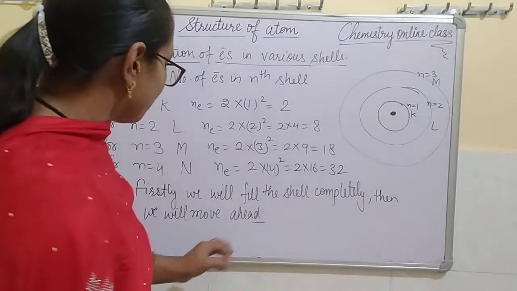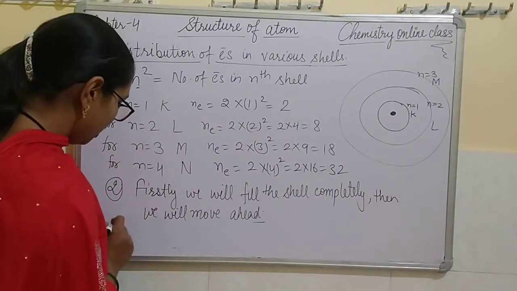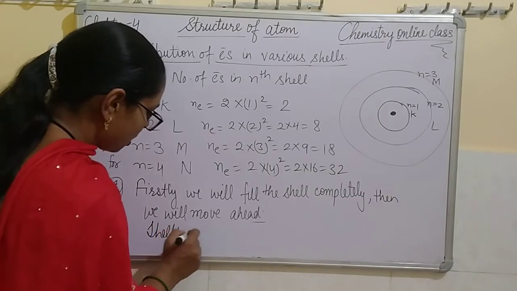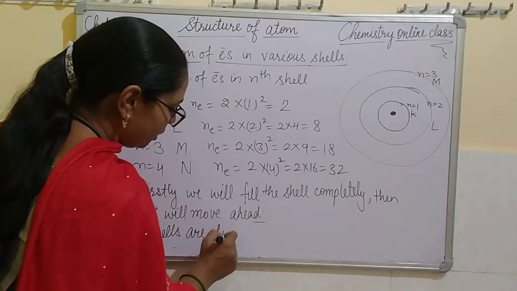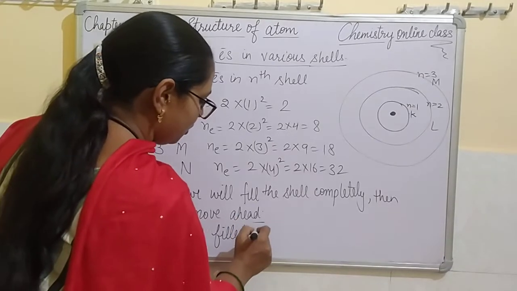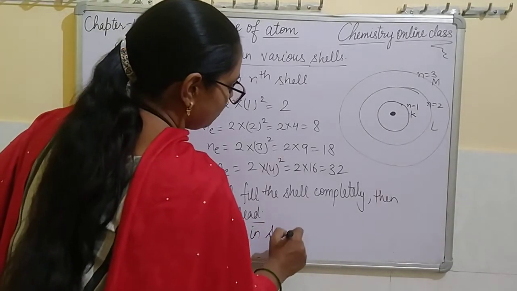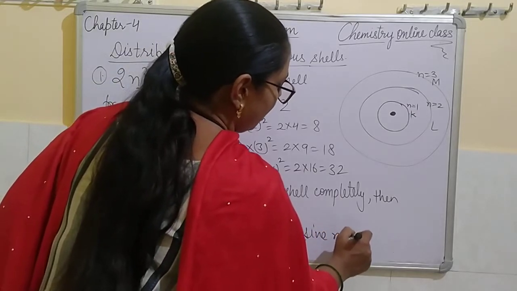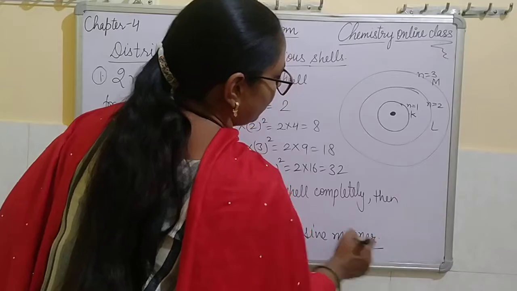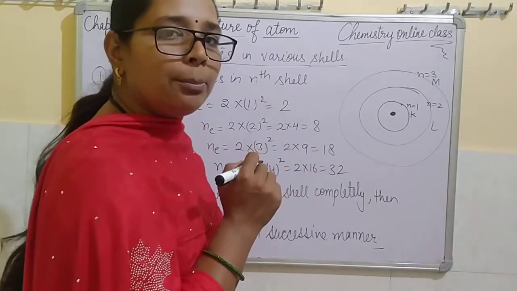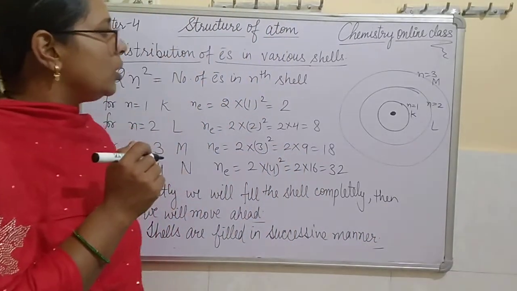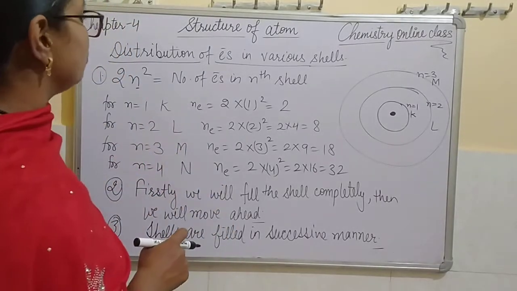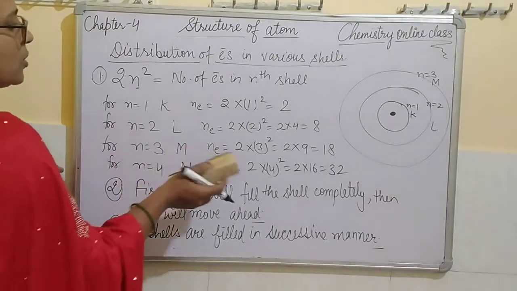So in this way we will fill the shells in a successive manner. That means we will start from K shell and then we will move ahead after filling it completely. So these are the three important rules to distribute the electrons in the various shells.